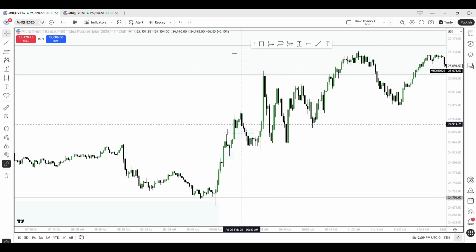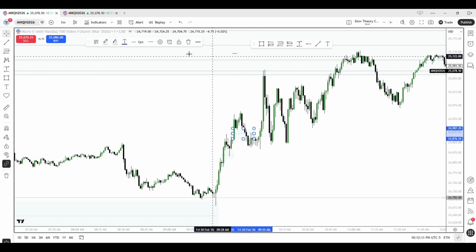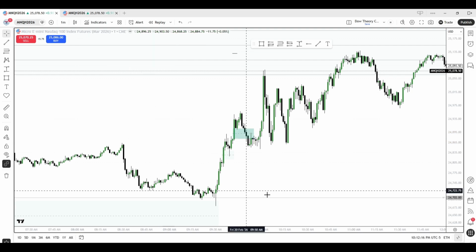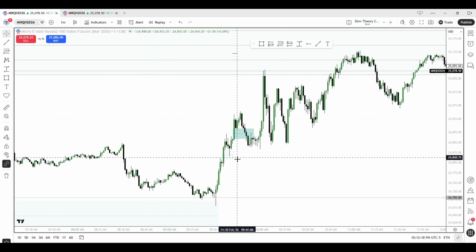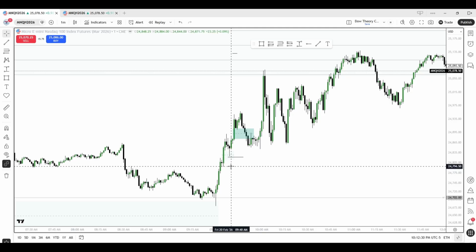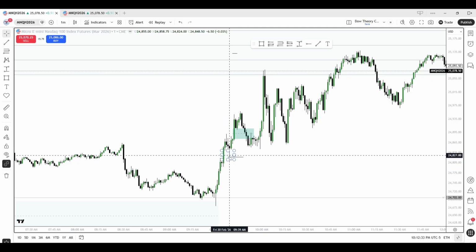So as you see, I was entering into this area. Sorry, it's a little light. Let's turn it up a little bit. So I was entering off this fair value gap. My stop was below here, below this swing low. Right, and why is it a swing low? Because it has a candle to the left of it that's a lower high and a low, and a candle to the right of it that's a higher low. So this is a swing low.